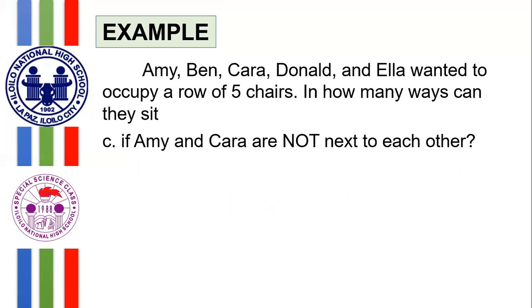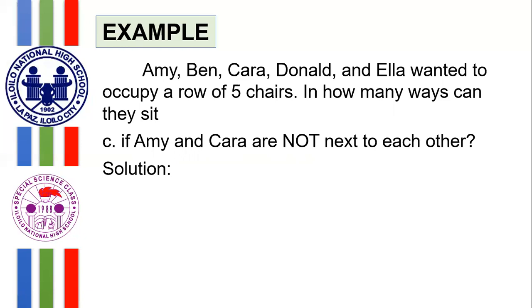So in this case, the same situation is given, that Amy, Ben, Kara, Donald, and Ella wanted to occupy a row of 5 chairs. In how many ways can they sit? But this time, if Amy and Kara are not next to each other. So in this case, what do we do here?